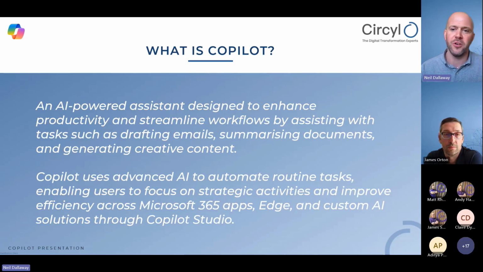So imagine having someone who can summarize important documents, catch you up on communications, generate drafts of emails, or help you prepare for meetings. That's what Copilot does. It's specifically designed to understand your needs, provide you with the right information at the right time, whether you're working in Word, Excel, PowerPoint. That's what Copilot is there to do.